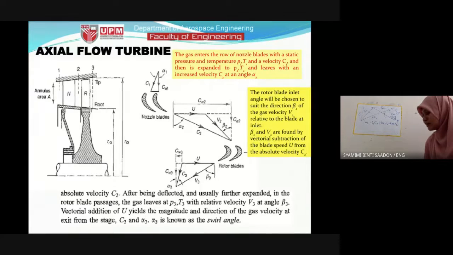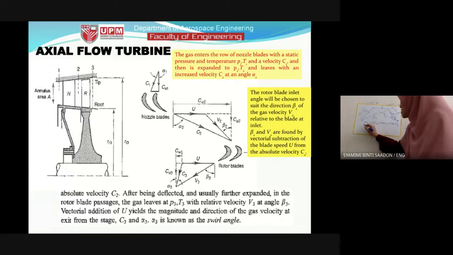Now again, there are several equations for specific work. So this one we use alpha 2 and alpha 3 because we want to calculate alpha 3. So tangent alpha 3 we have specific work.